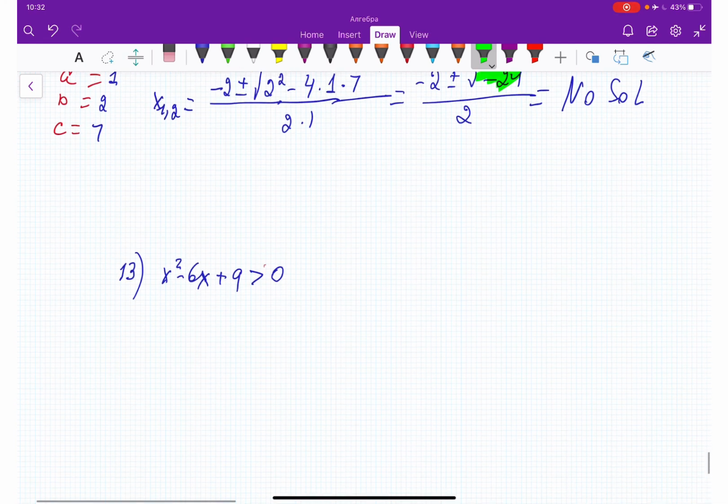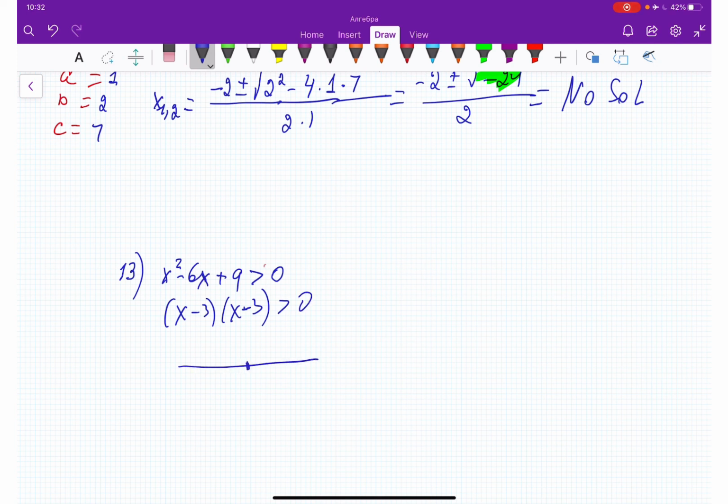And the last one, x squared minus 6x plus 9 is going to be x minus 3 times x minus 3. Looks like there's going to be one solution here, right? And it's going to be an empty circle. And we get less than or greater than. So less than, I'm taking 0. More than, taking 4.